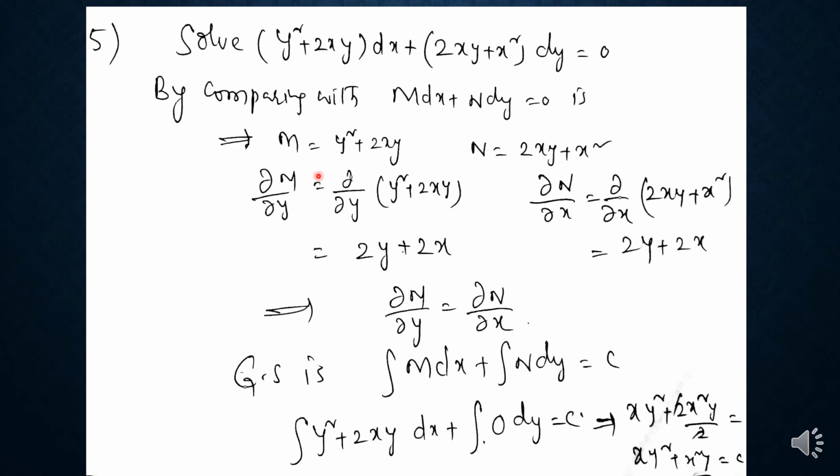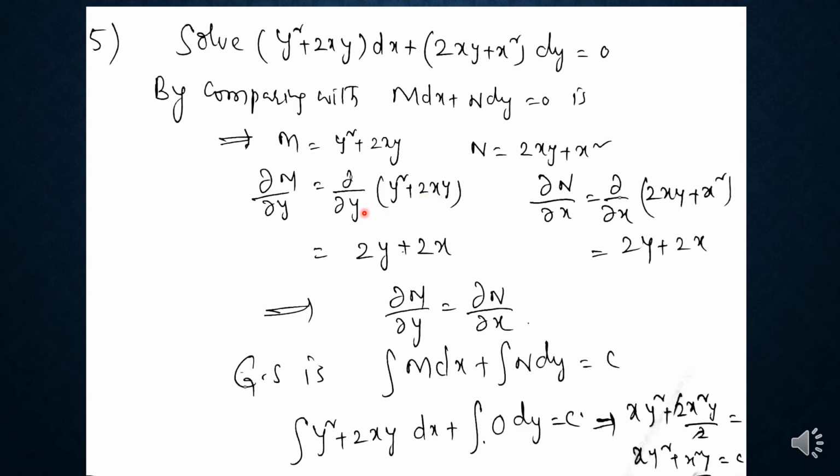So what is dou M by dou y? Dou M by dou y is equal to dou by dou y of y square plus 2xy. So here we will treat x as a constant and y is the variable. So dou by dou y of y square is 2y plus dou by dou y of 2xy. We know that x is also a constant like 2.